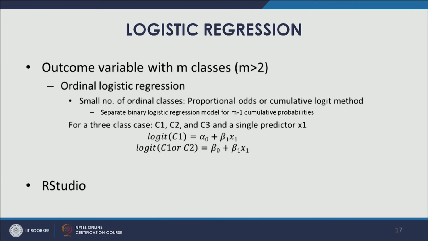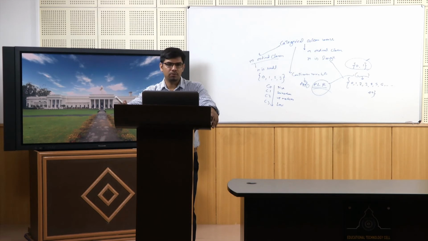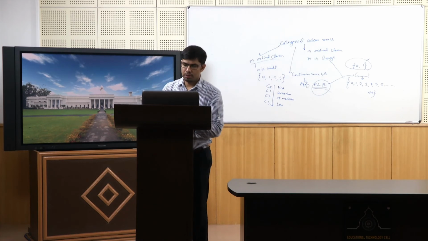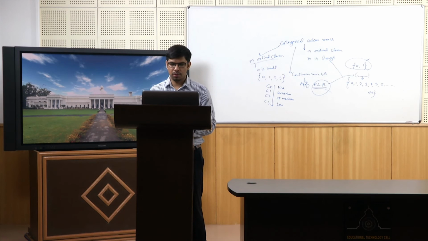Once we have the probability values for all these classes, we can again apply the most probable class method and assign the class based on the probability value. In this fashion we can apply ordinal logistic regression to a scenario with a fewer number of ordinal classes.